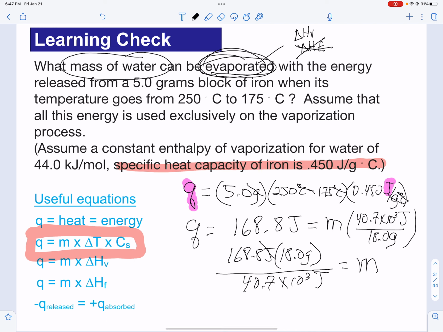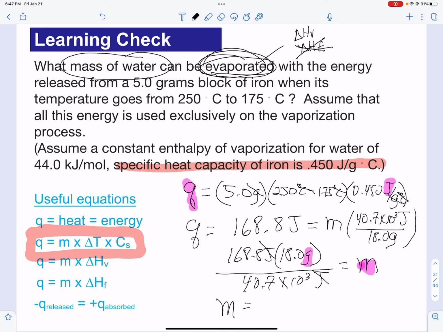Joules cancel with joules, and the resulting unit is grams, which is a unit of mass. So that should be okay. So mass equals, just give me a second to calculate that.